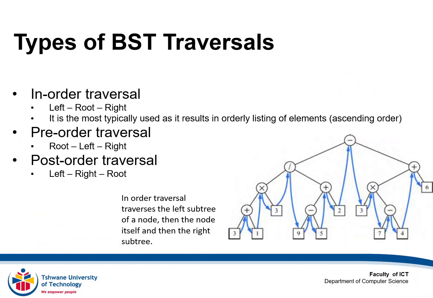It is important to also understand that there are different types of traversals. There's in-order traversal, pre-order traversal, and post-order traversal. Let us now start by having a look at in-order traversal. With in-order traversal, you start with the left child, you go to the root, and then you go to the right.